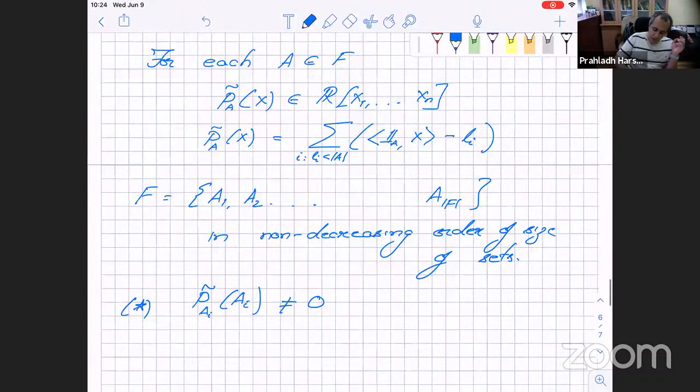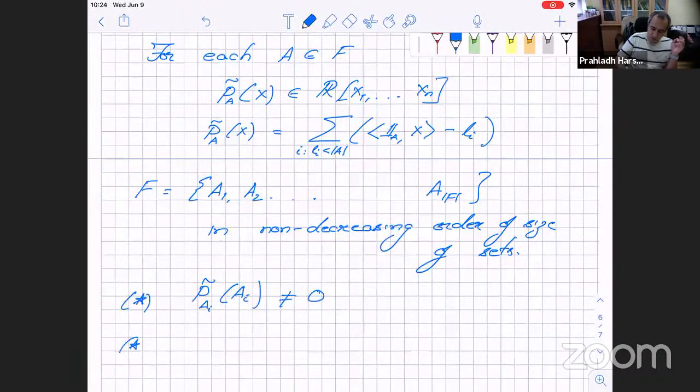Now let's look at i less than j, and P tilde of A_i at 1_{A_j}.